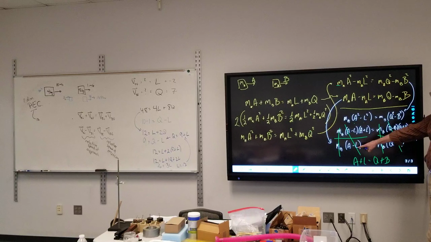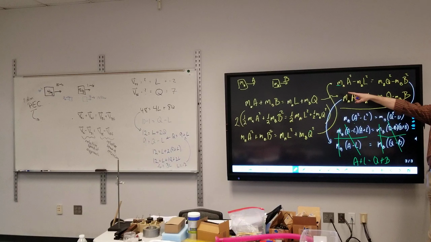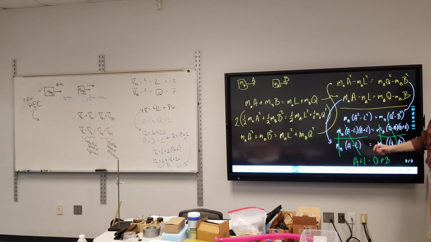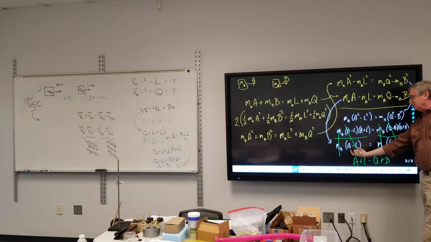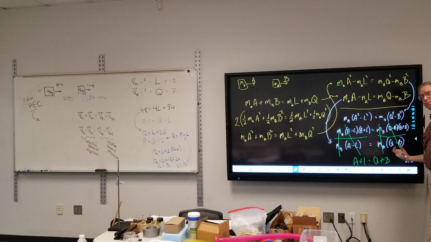So when I divided by A minus L, this is only valid if A does not equal L. If A equaled L, the non-collision solution, because A is the velocity of the first mass before the collision, L is the velocity after the collision, this is not a legitimate step. So it's at that point right there, when I divided by this and this, that I eliminated the non-collision solution.